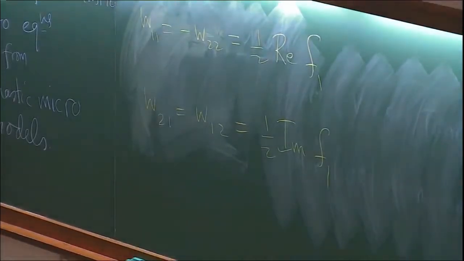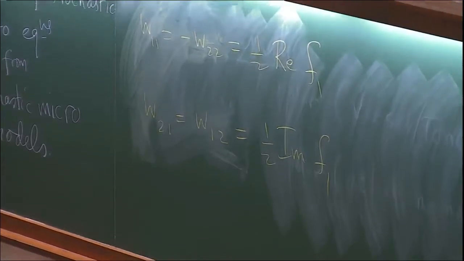F1 is what I get when I put in one factor definition. F1 is the integral d theta f of x, theta, t, cosine 2 theta comma sine 2 theta, or cosine 2 theta plus i sine 2 theta. It's the integral d theta f of x, theta, t, e to the 2i theta. That's F1. So let's define these objects in this way.